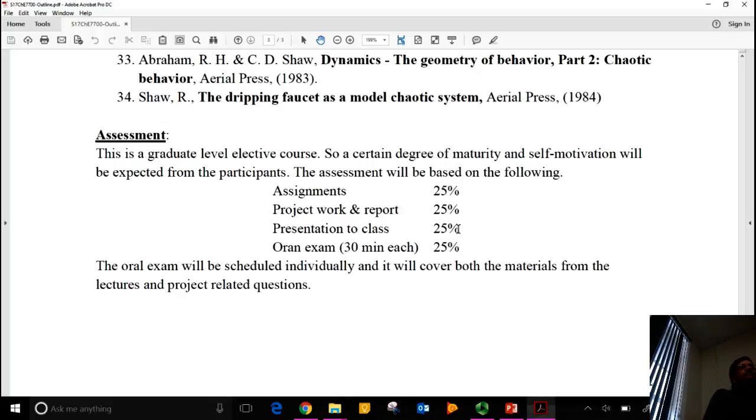Any questions? Yeah. So how much pre-knowledge do you expect from, like, transport phenomena class or something? Because I haven't taken. That's a good question. This is an advanced level course, right?